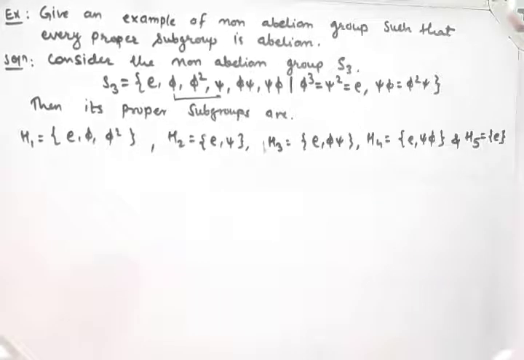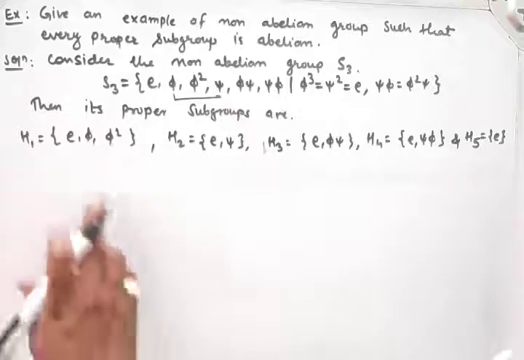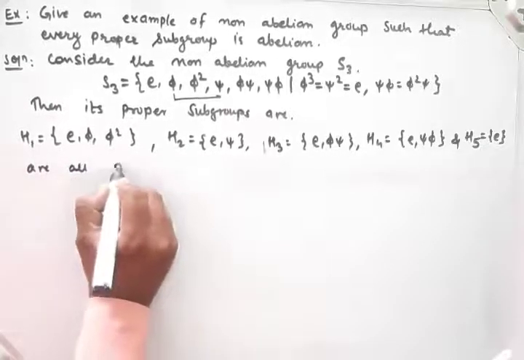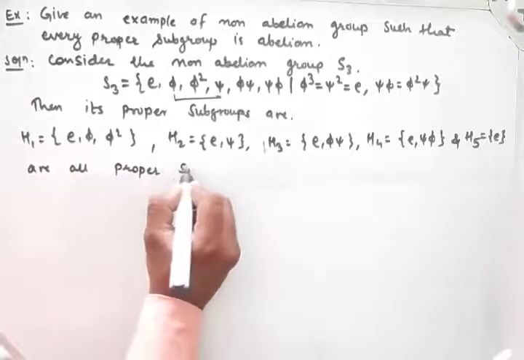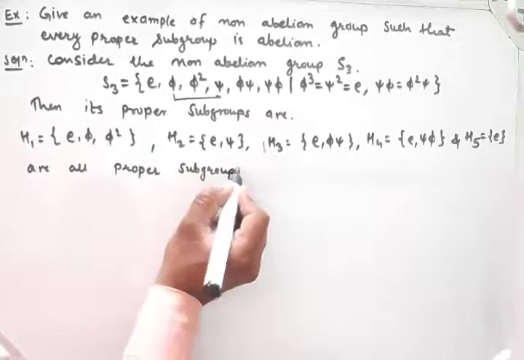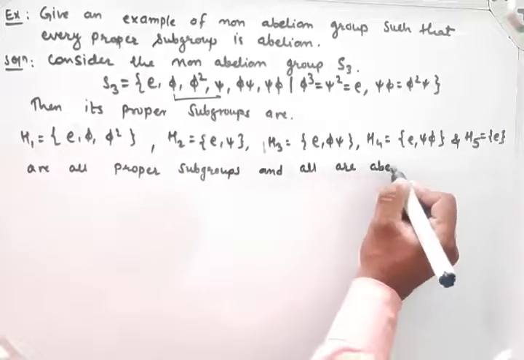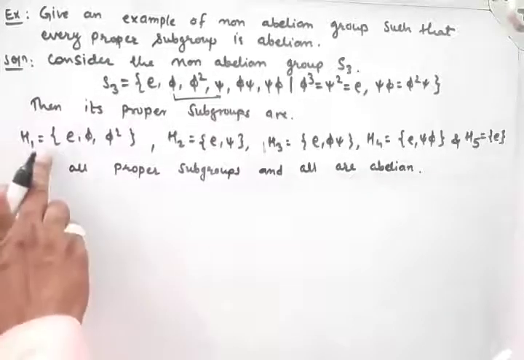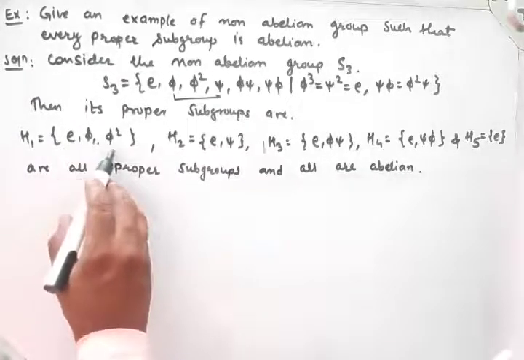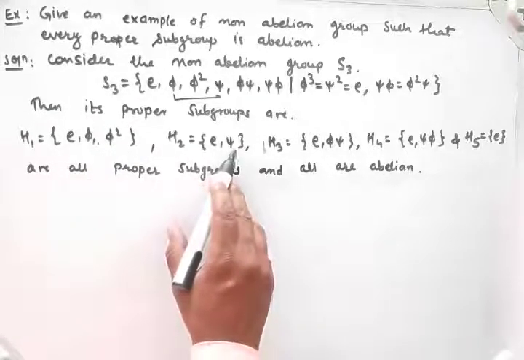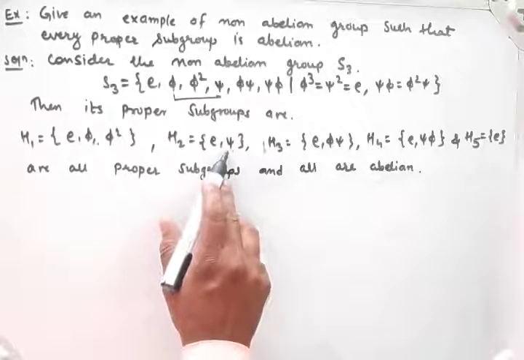So identity is the trivial subgroup, and all the proper subgroups are abelian. In H1, phi into phi square is the same as phi square into phi, so the group is abelian. Identity and psi, psi into psi is again psi, so this is again abelian.